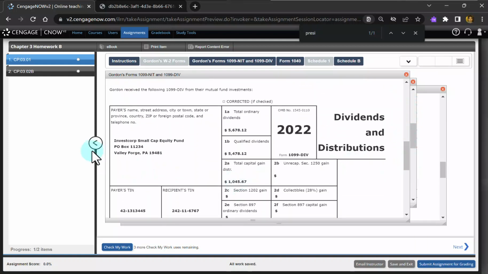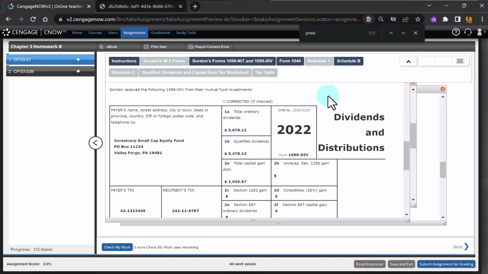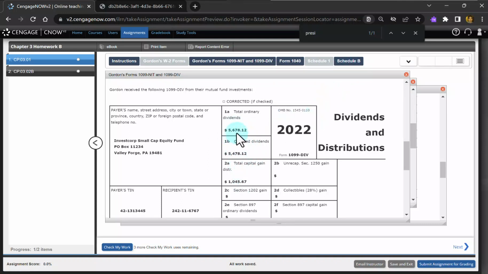This time from InvestCorp Small Cap Equity Fund. Let's see, of these amounts here, what I need to report on Schedule B is this 56.78.